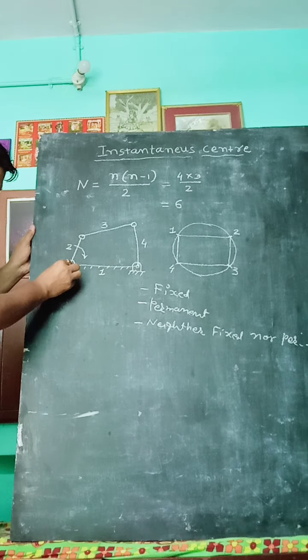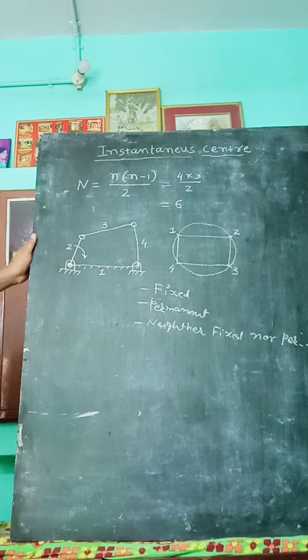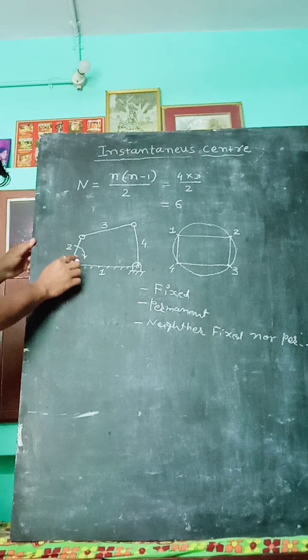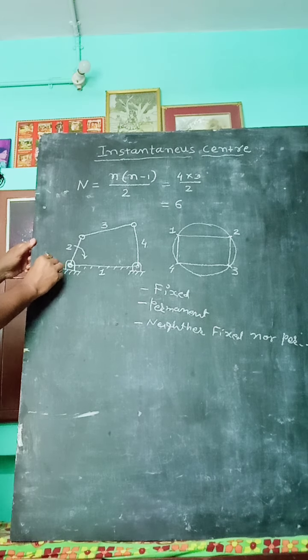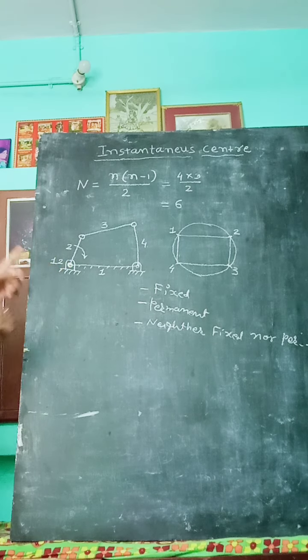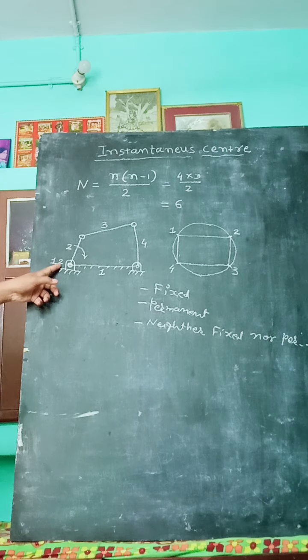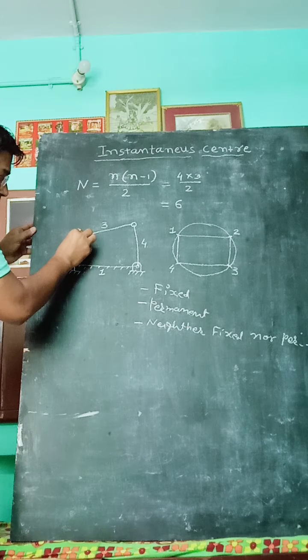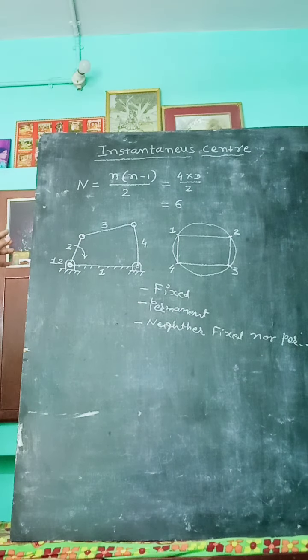So when the fulcrum is there, it is a fixed instantaneous center for link 1 and link 2. So it is being written as 1, 2. Instantaneous center 1, 2, fixed one. This is a pin joint.